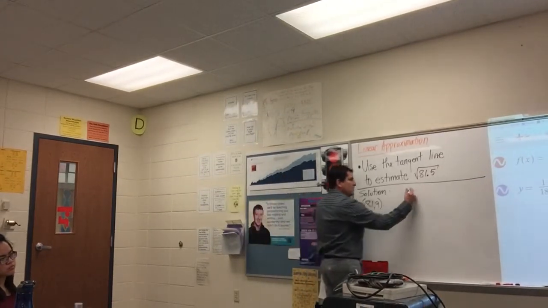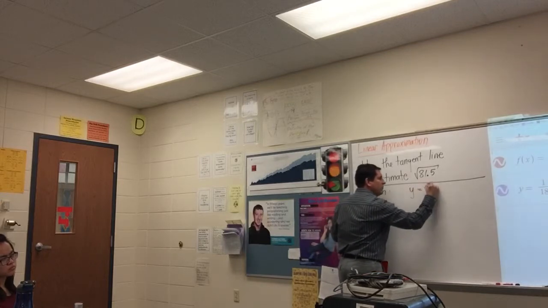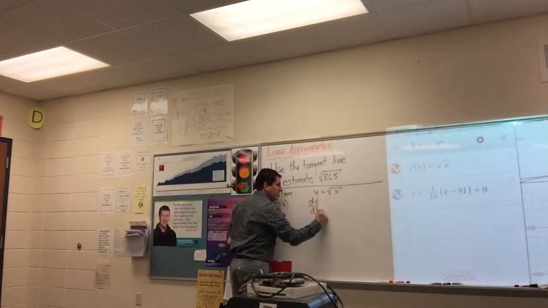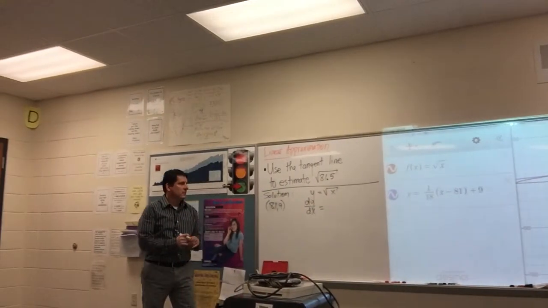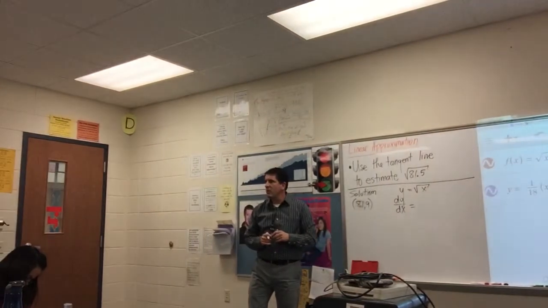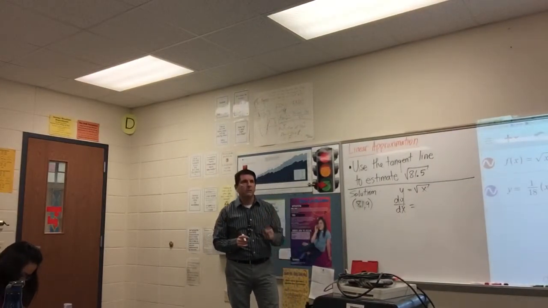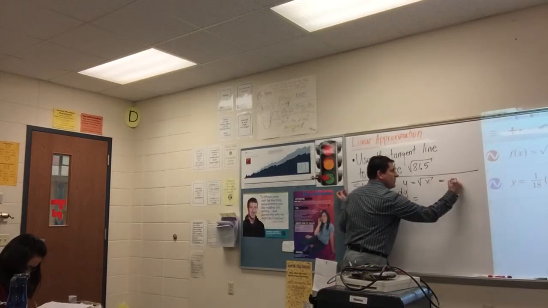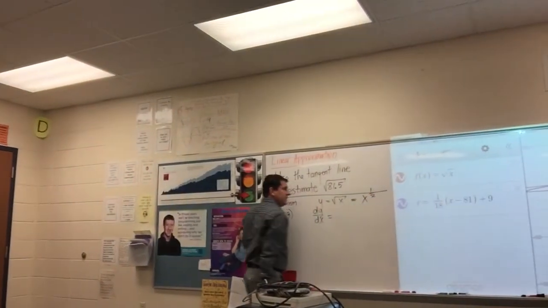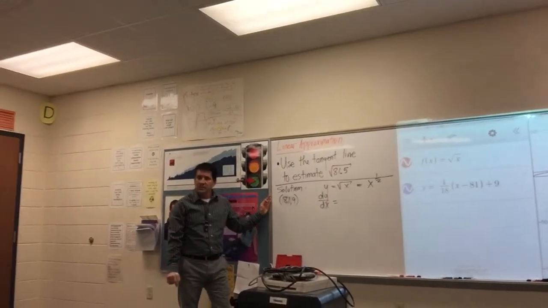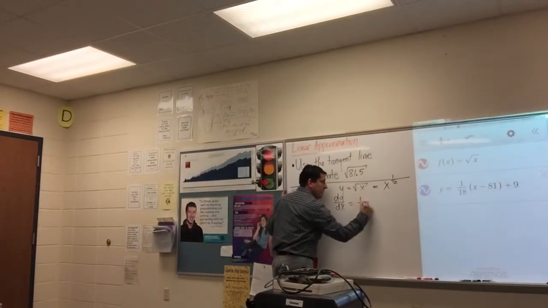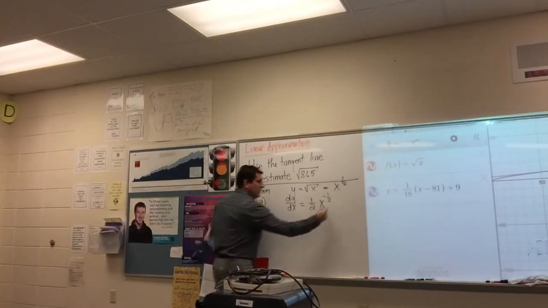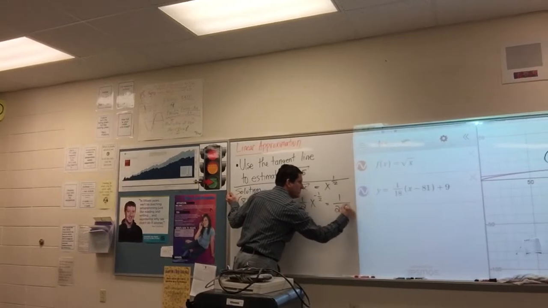So here we go. If y is equal to the square root of x, the first thing we're going to do is find the derivative, dy/dx. This is one that I really want you to know, because you got to do it so many times. The square root of x is the same as x to the 1/2. And so the derivative of it is 1/2 times x to the negative 1/2, which is the same as 1 over 2 square root of x.